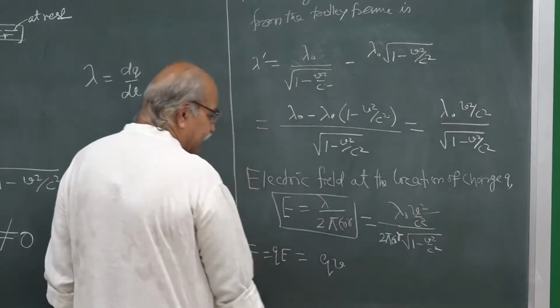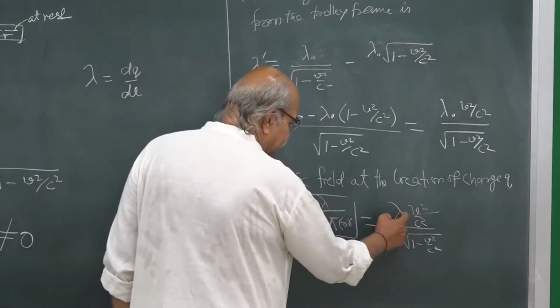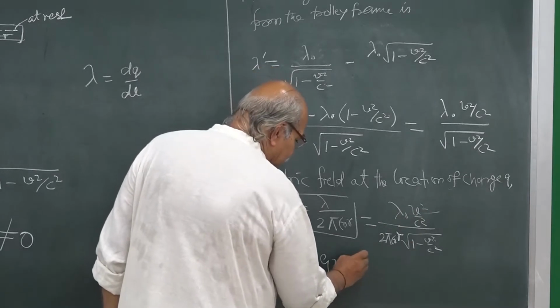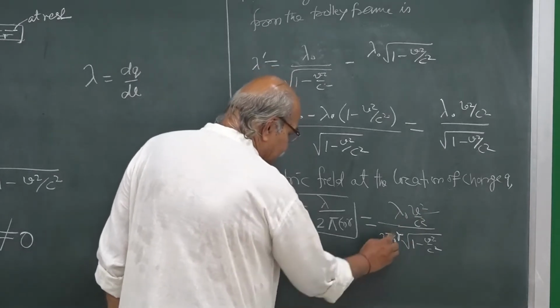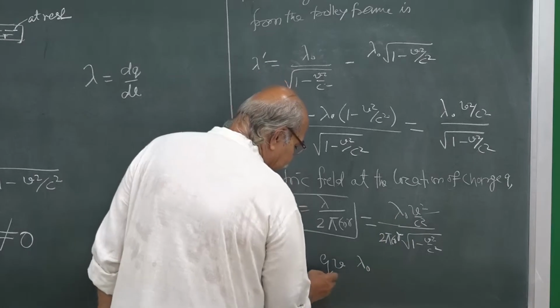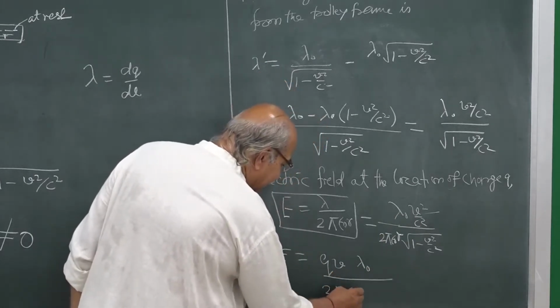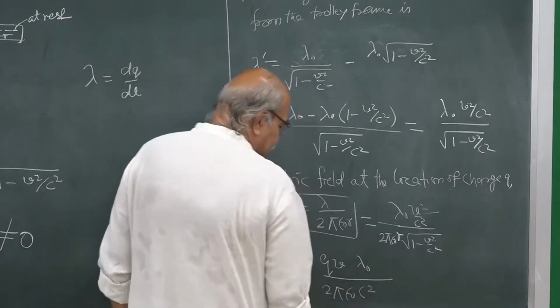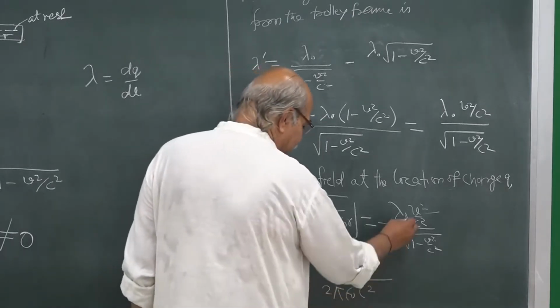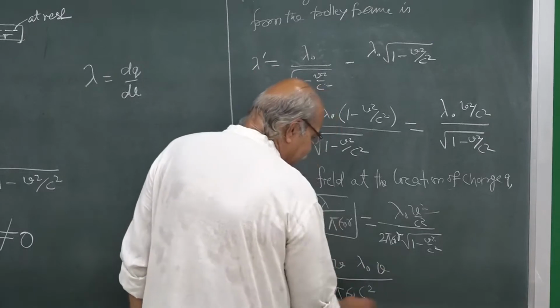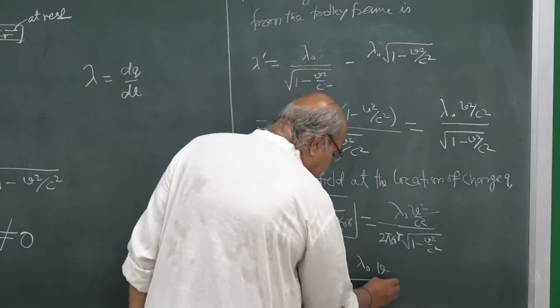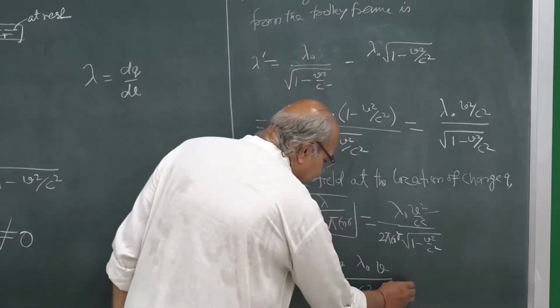Let me rewrite it slightly, and then what is left, lambda naught by c square. So, I write lambda naught here, and then by c square. So, this is 2 pi epsilon naught and then c square, and then what is left, 1 v is left, and then square root of 1 minus v square by c square.